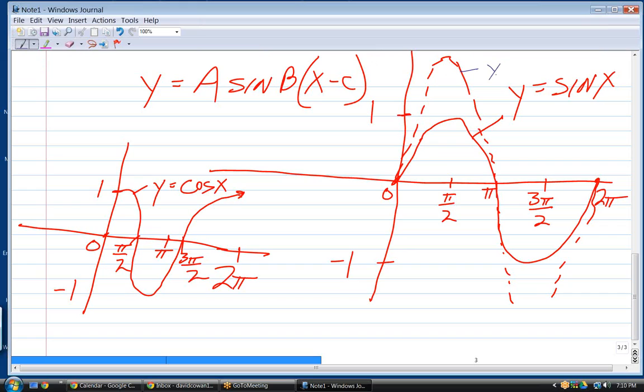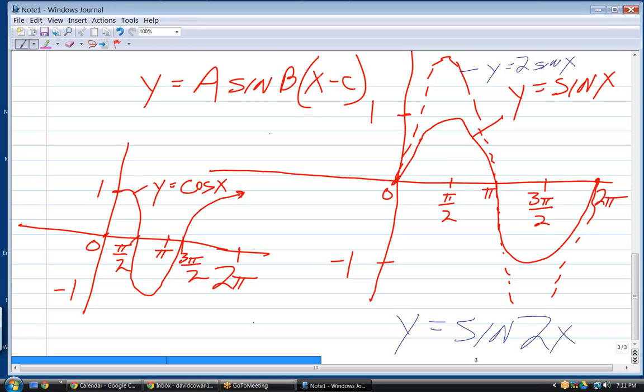That is y equals 2 sine of x, because it's really worth analyzing these one at a time. Now, if I wanted y equals sine of 2x, then it's not a that's 2, it's b. And b has an effect of horizontally scrunching or stretching my curve.